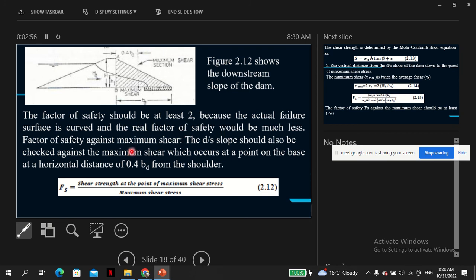The downslope should also be checked against the maximum shear, which occurs at the base at a horizontal distance of 0.4 BD from the shoulder. So again, the factor of safety is the strength at the point of maximum shear stress over the maximum shear stress.